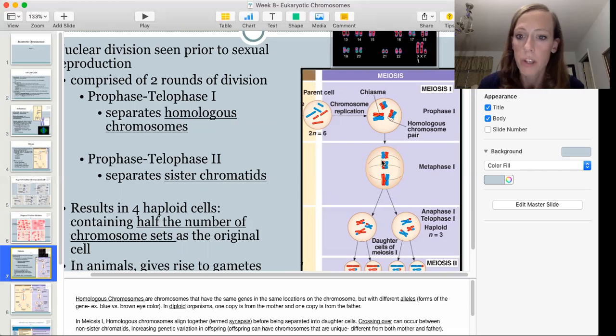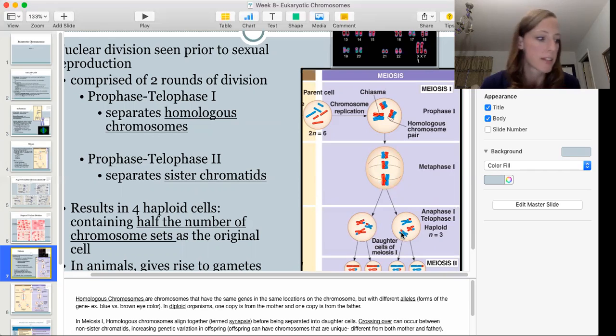You can visualize this crossing over shown here as the homologous chromosomes are separated from each other. See this little tip that's blue, and over here the little tip that's red.